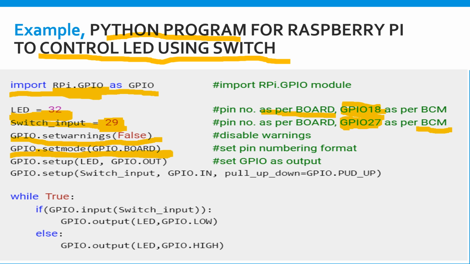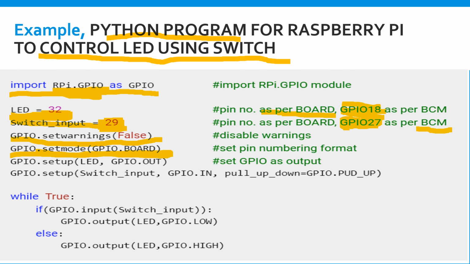If I have to use the pins as per BCM, then here I have to write GPIO.BCM. So here we are using GPIO.setmode(GPIO.BOARD), because we are using pin numbers as per board.